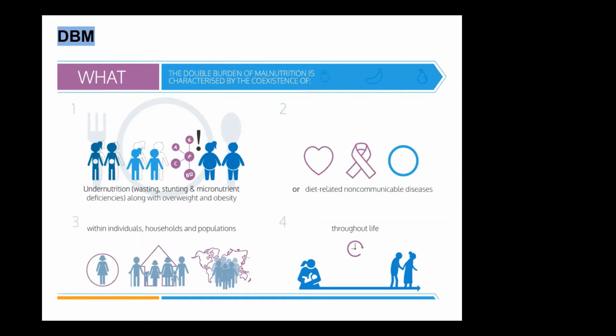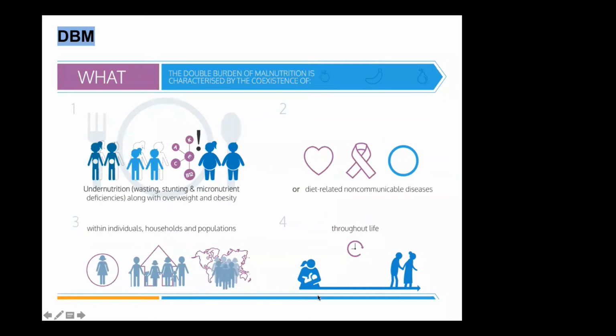The population level could be at the community level, the national level, or the regional or province level. So it can be the case in the total community or the country. There are multiple forms of malnutrition, both undernutrition and also obesity, overweight, or non-communicable disease. So the double burden exists at different levels.